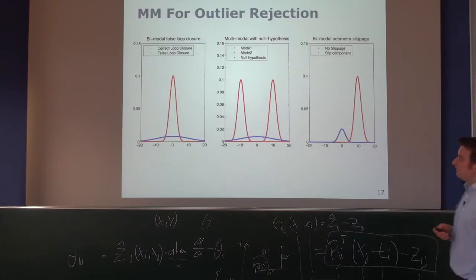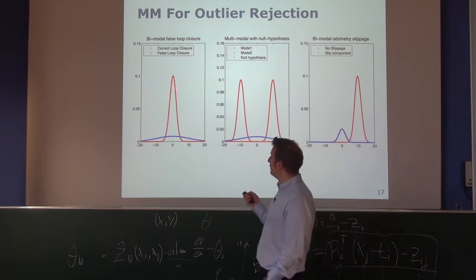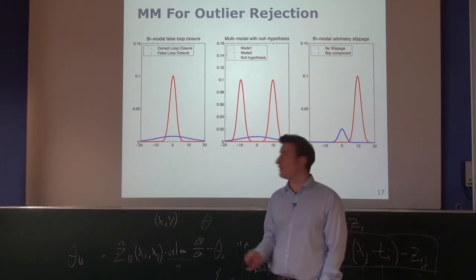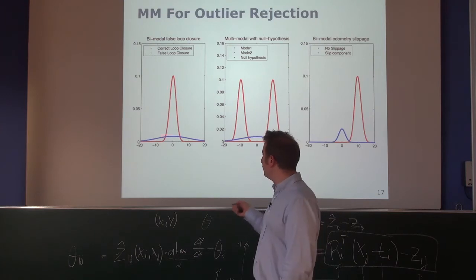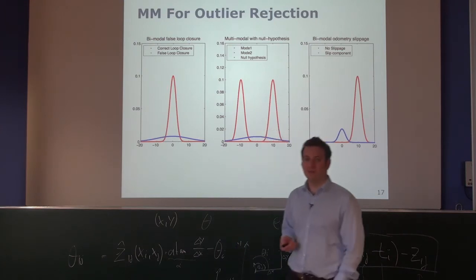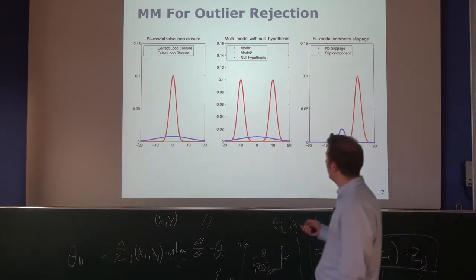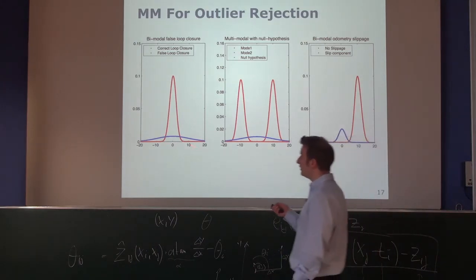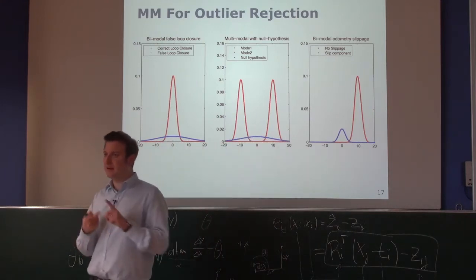This is exactly the trick that is used. If you just want to deal with outliers, the red one is the inlier, and the blue function is the outlier. So this is a bimodal distribution, one for the inlier and the other one for the outlier.